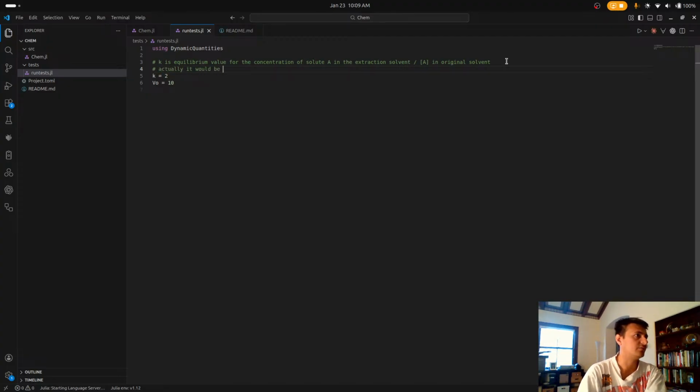It would be the concentration in the extraction solution, since the part of A may increase. Does it?